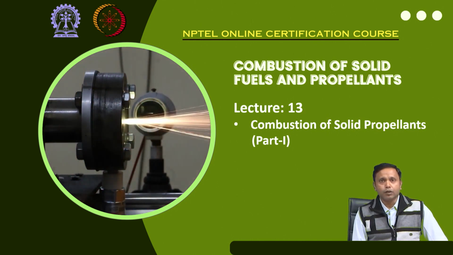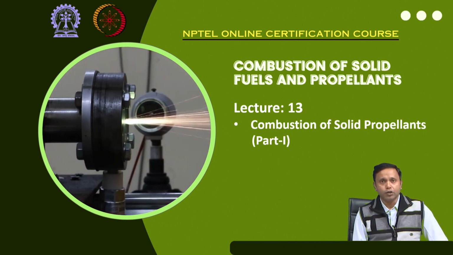Now, in this module, we will try to understand how the various types of propellants behave differently in their combustion processes, and the underlying mechanisms involved. Here we have mainly two categories of propellants.